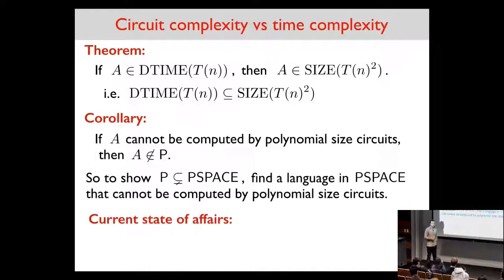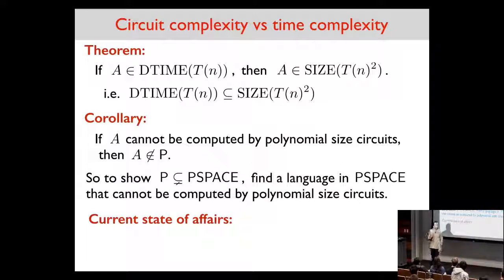Okay, seems promising. So what's the current state of affairs in this? You guys actually showed a circuit lower bound in homework 1. You showed that there was a function that required, I think, 2n minus 3 gates. But those circuits were actually more general. You were allowed to have any kind of binary gates.